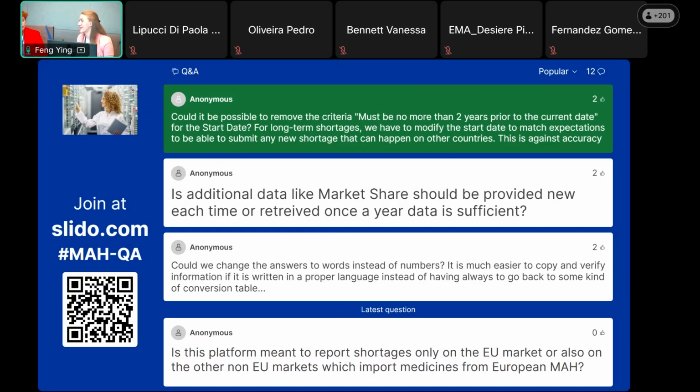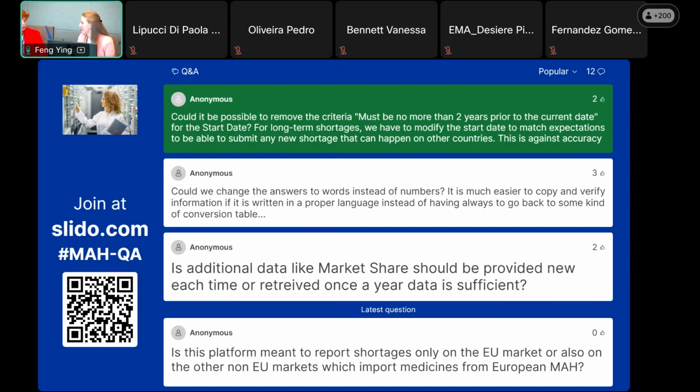This may be in specific cases where it's beneficial for the shortage management, but then you can also indicate only this shortage while not reporting any other shortages that may be going on for more than 2 years. Indeed, but thank you very much for this comment and for this use case as well.